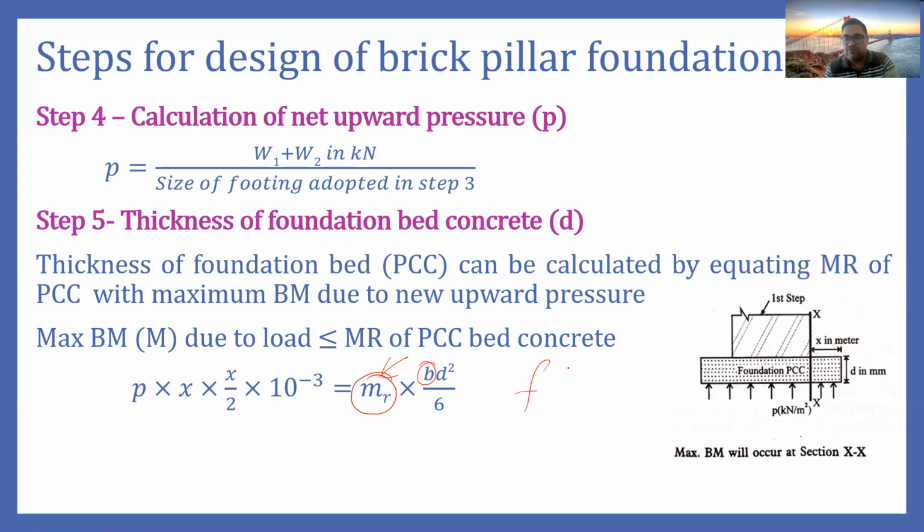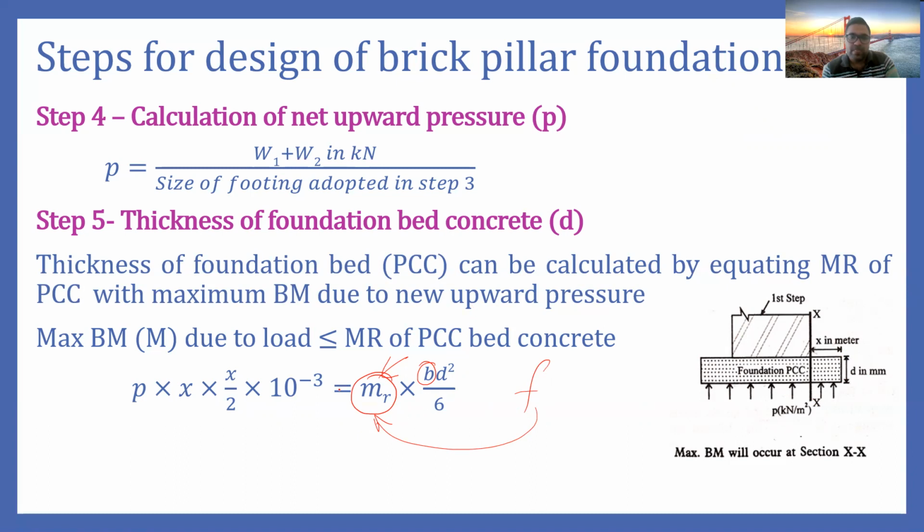So the F we are representing in the moment equation is actually the modulus of rupture, which we can express as the bending strength of the PCC, or the maximum bending stress it can take.